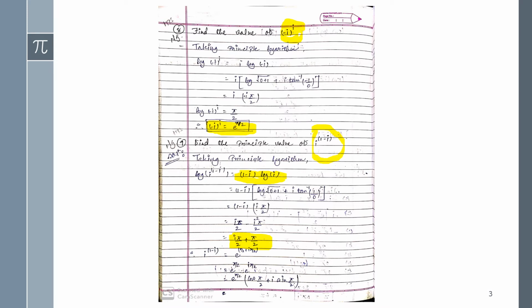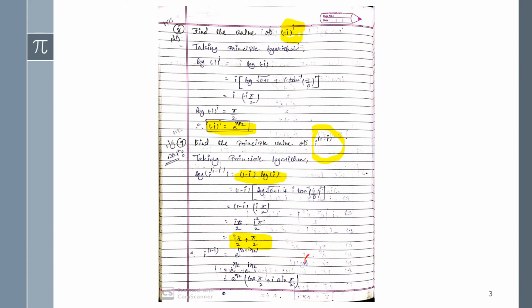Okay, so again splitting the terms because the base is the same and the powers are different. I'm just splitting the power, so this one will be e raised to pi by 2 into e raised to i pi by 2. Now e raised to pi by 2 is a real number, so just keep it as it is, and e raised to i pi by 2, it means we can compare it with e raised to i theta.